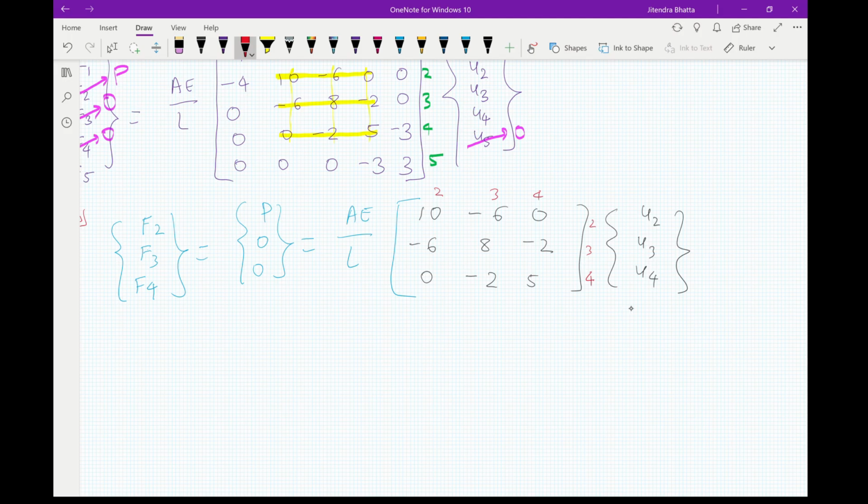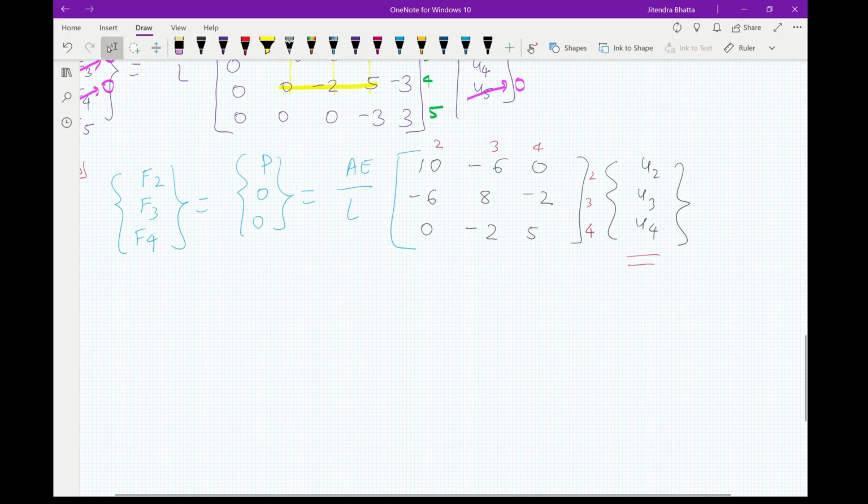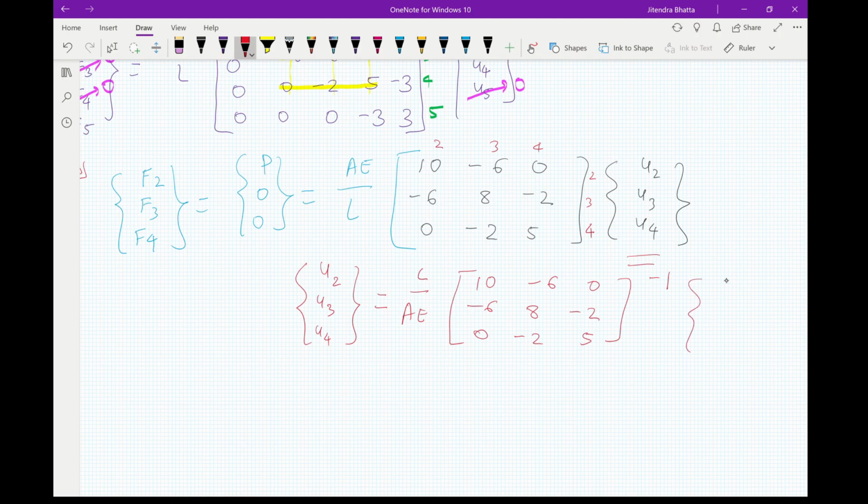Now we can directly solve for our displacements. Therefore, your u2, u3, u4 will be equal to L by AE times the inverse of this matrix times P, 0, 0.